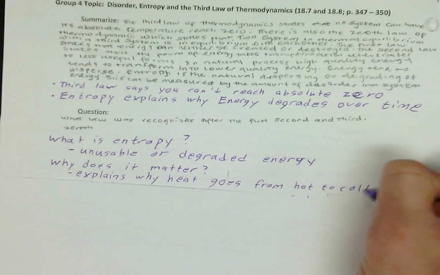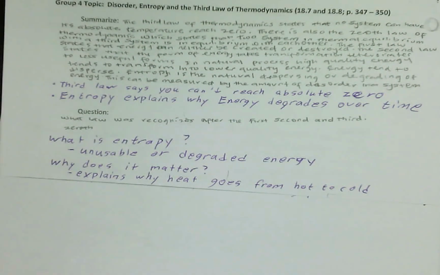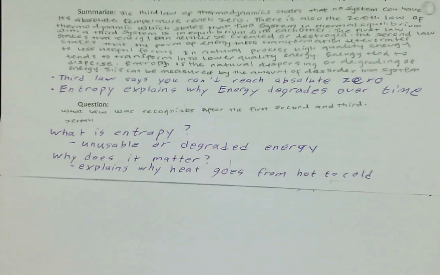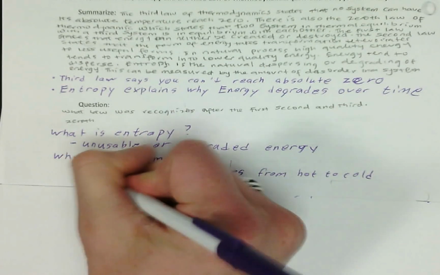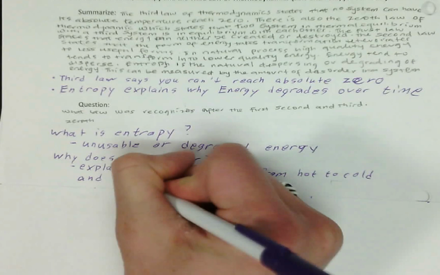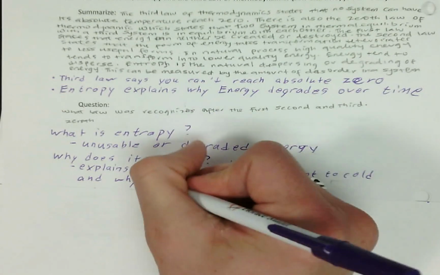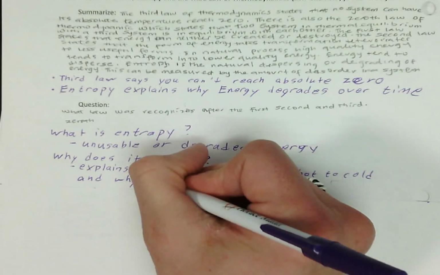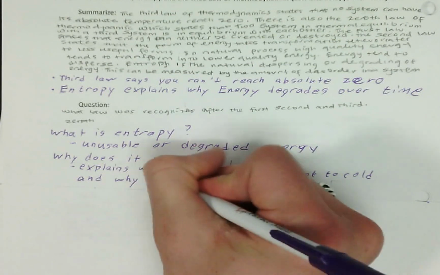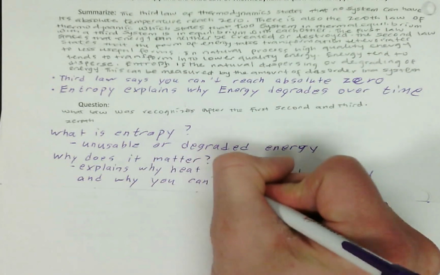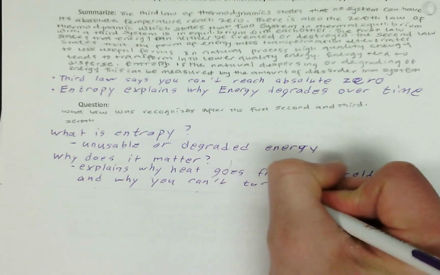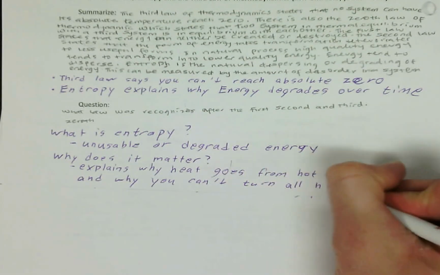Okay, so things that are hot generally have more energy, therefore more usable energy, and it transfers into colder objects which have less energy, and it changes their internal energy, which makes it kind of degrade over time. So it explains why heat goes from hot to cold, and why you can't turn all heat into work.